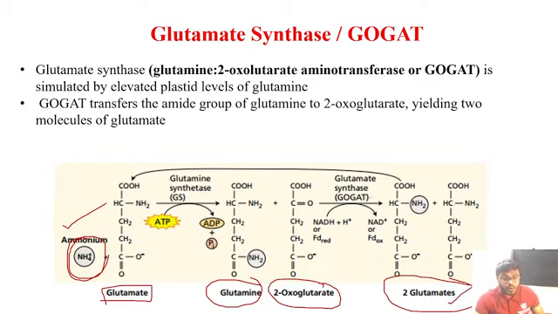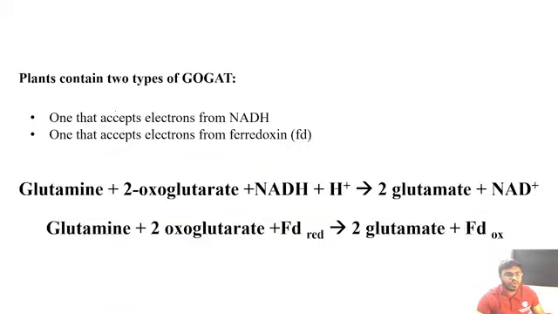As I said to you, the GOGAT will use the electrons from 2 sources. Just remember, GOGAT accepts electrons from NADH also, friends, and even GOGAT accepts the electrons from the ferredoxin also. There's no difference. Equation is entirely same, friends. Only difference is the electrons.